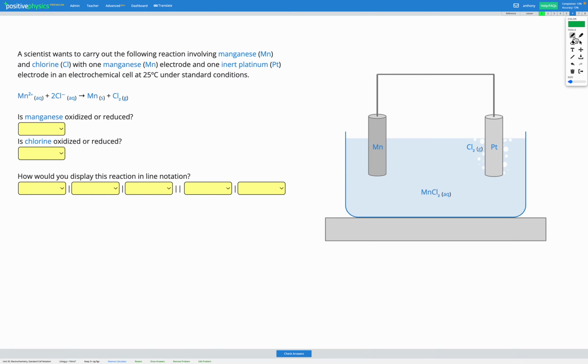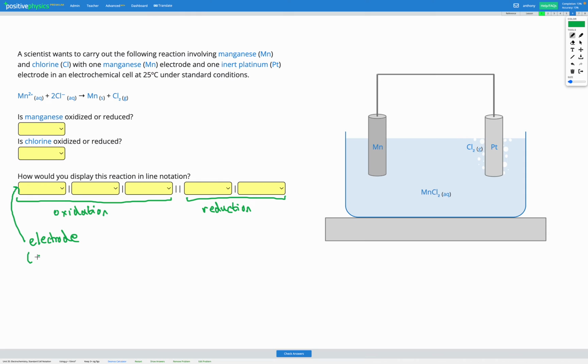So again, we're going to have the oxidation reaction on the left, and we're going to have the reduction reaction on the right. We're going to start with our electrode.